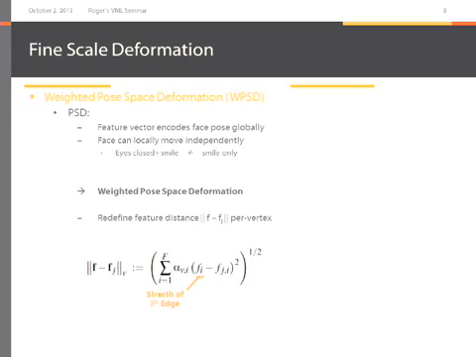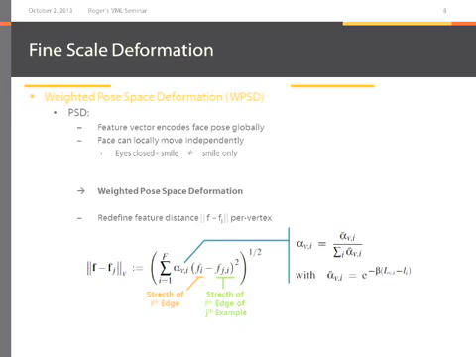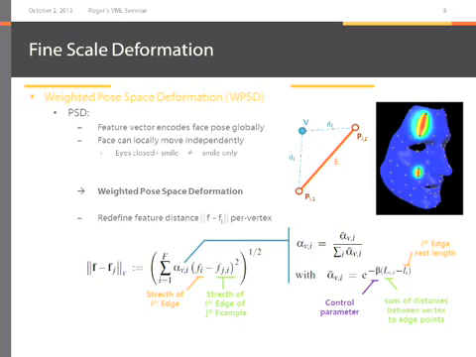So we sum over the stretch, and then this would be the stretch of the ith edge and the jth example. And then this is a kind of weighting parameter based on the distance. So it seems a little bit complicated, but basically the result is like this.